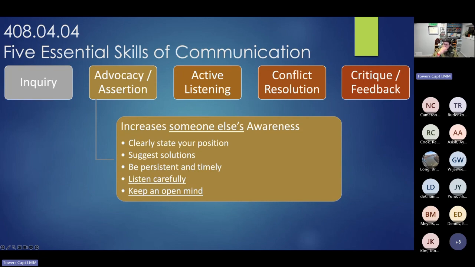So don't just fly off the handle and assume that the other person's out to get you, or they don't know what they're doing, or anything like that. Approach it with an open mind, with the understanding that, okay, maybe I don't have all the information. You just want to approach it with the attitude that this is based on my information and where I'm coming from. This is what I see.